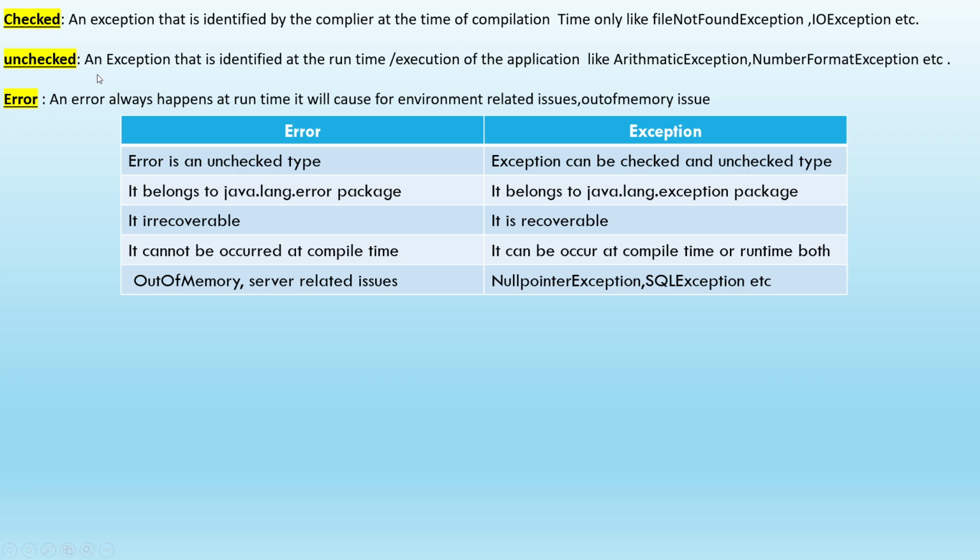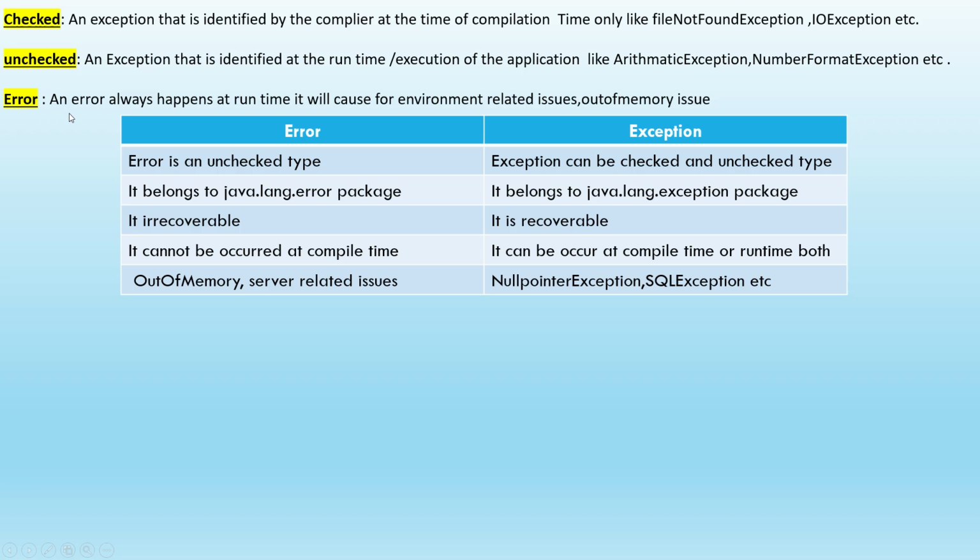Then coming to unchecked, an exception that is identified at runtime or execution of the application, like ArithmeticException, NullPointerException, NumberFormatException. For example, in our database some string value is there, characters are there, and we are trying to convert it to a number. That time it will become a NumberFormatException. Those things happen at runtime. So that is nothing but unchecked.